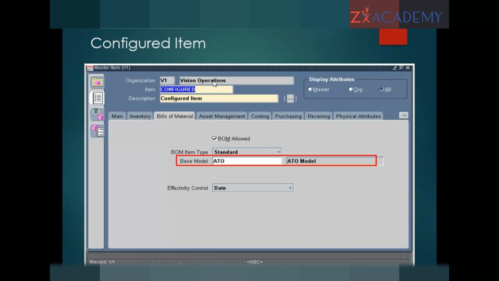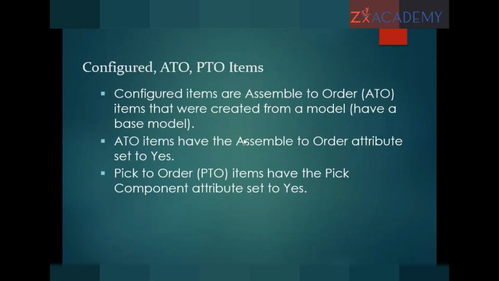Whatever configured item you are creating, the base model you will call the ATO model here. Now, just a glance: config items are nothing but ATO items that were created from a model itself.